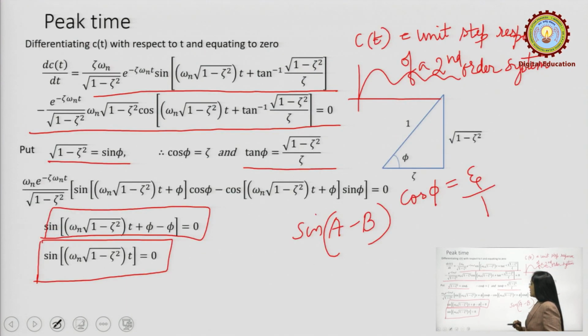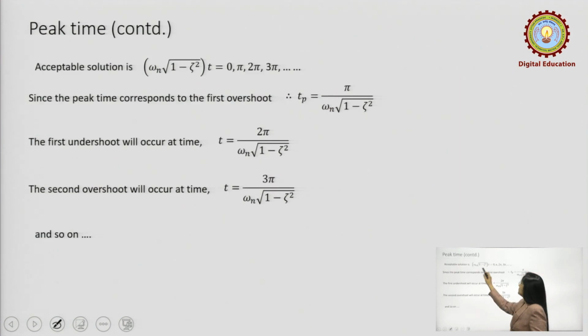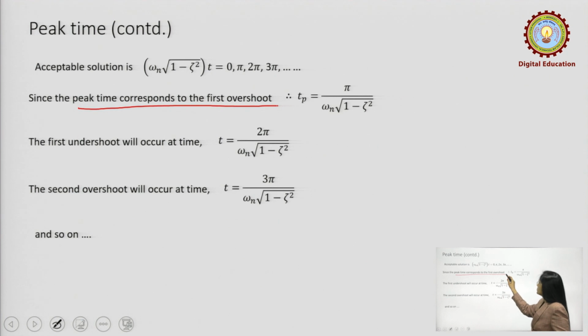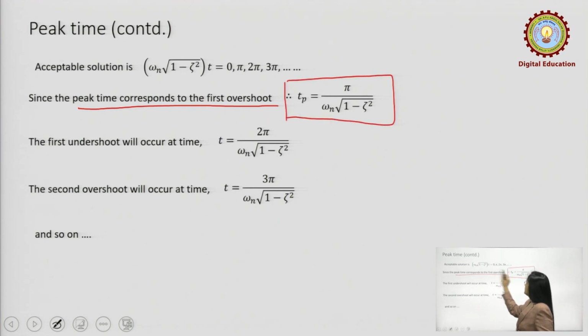Here we are talking about the first overshoot, and since peak time corresponds to the first overshoot, we are equating this to pi, and therefore, the peak time Tp is equal to pi upon this. And the first undershoot will occur at t equal to 2 pi upon omega n root of 1 minus zeta square. Similarly, the second overshoot.